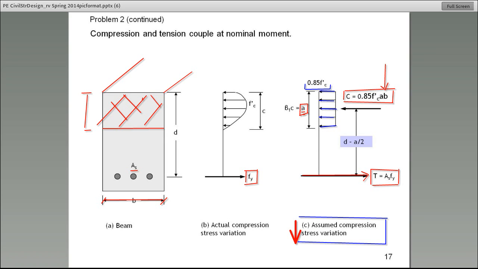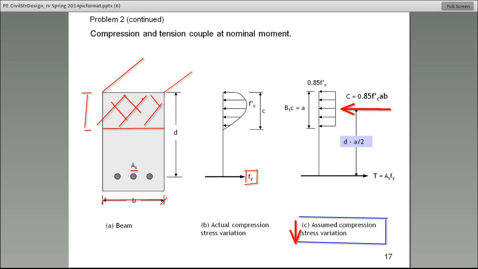Now, I'm going to ask you something very fundamental. This goes back to statics. If we have two forces that are equal, but they act opposite to each other, what is it called?